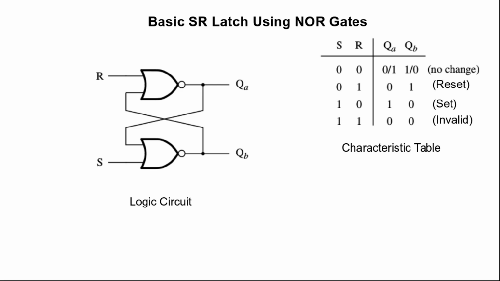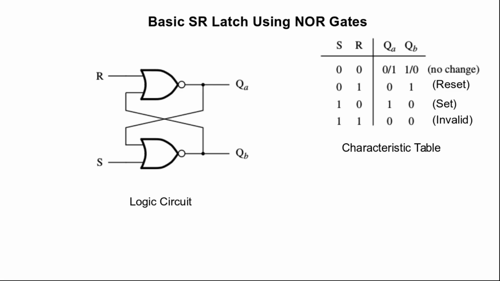And when the S and R inputs are equal to 1 and 0 respectively, the latch goes to the set state. And what we mean by the set state is that QA output will be equal to 1.